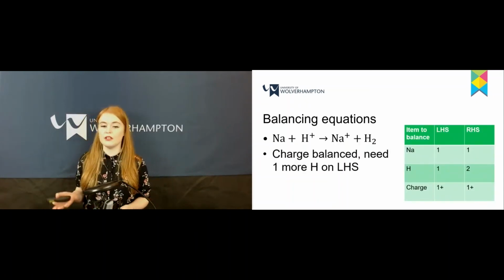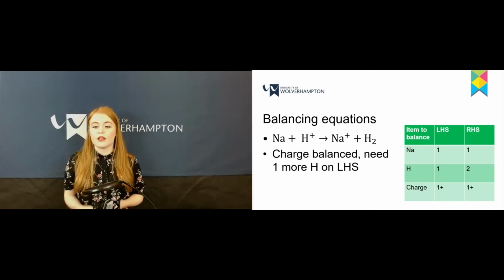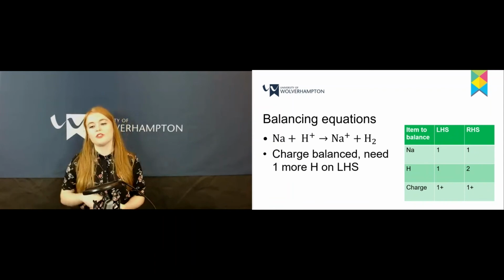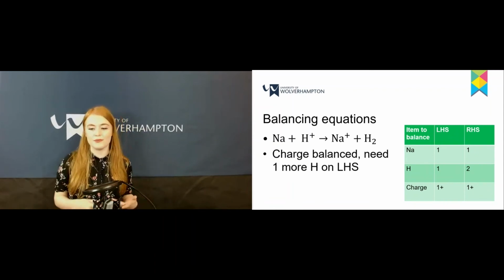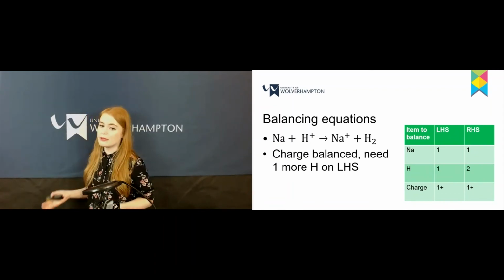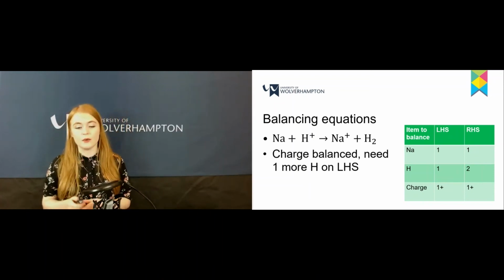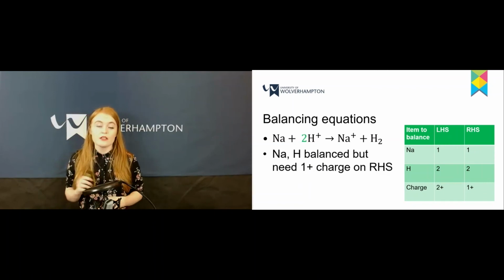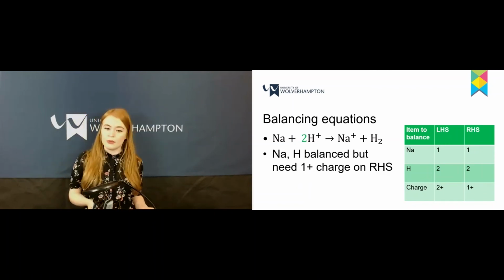So let's have a look. Well, we have 1 sodium on both sides, but we have 2 hydrogens on the right-hand side and 1 on the left. The charge is balanced, but the hydrogens don't balance, so we need to have an extra hydrogen on the left-hand side. So we make 2H+.